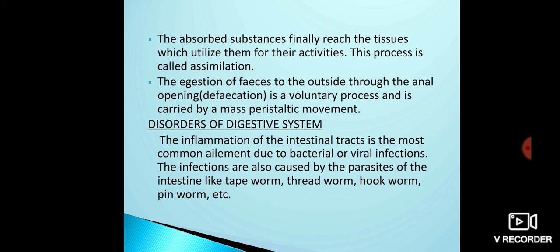That process of ejecting the undigested, unabsorbed food through the anus is called defecation, and this process of defecation is a voluntary process. Okay, and even this ejecting out of the undigested unabsorbed food is carried out by the peristaltic movement.